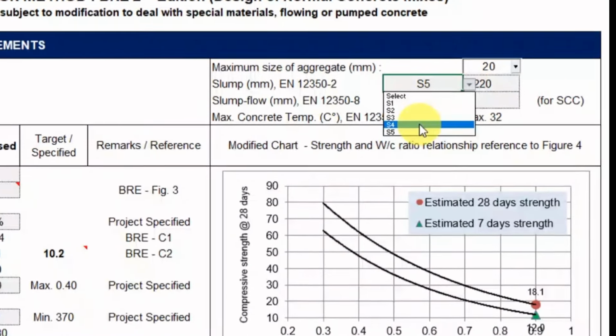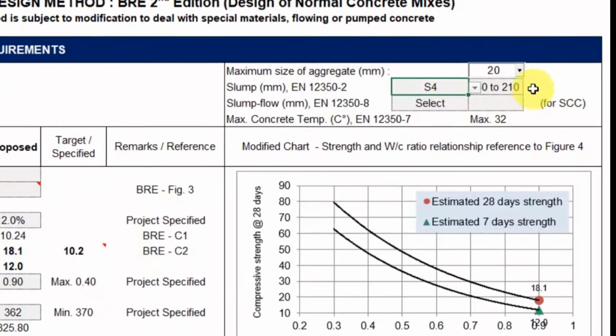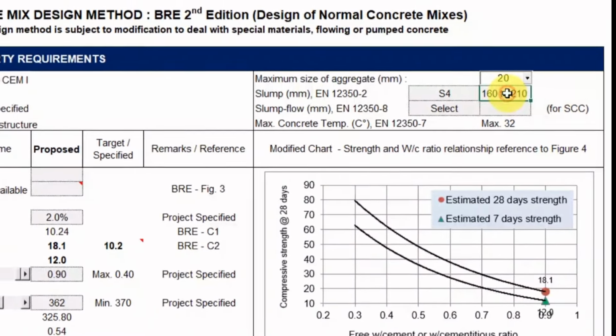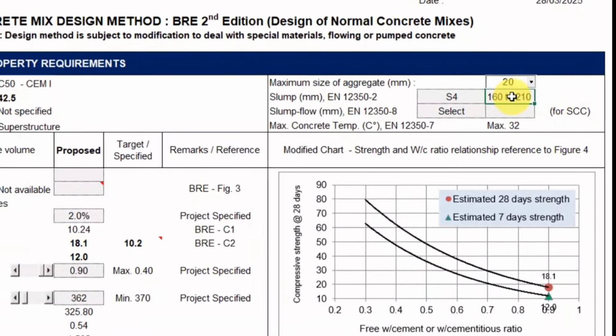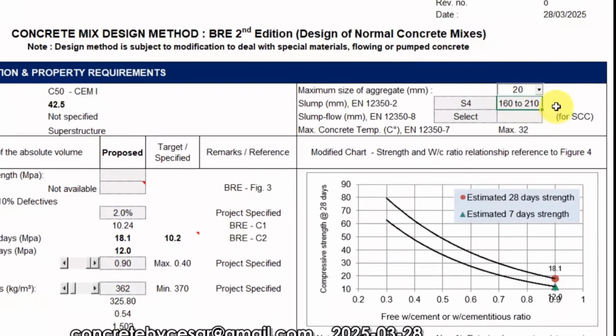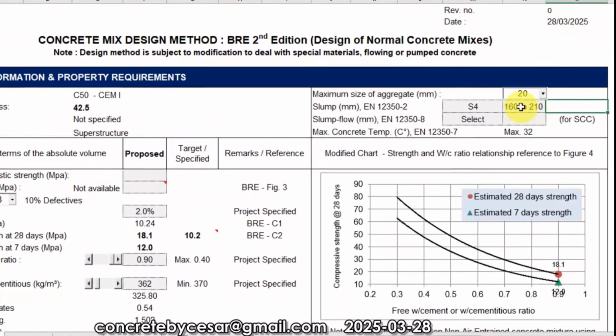So for this example I will be using S4, 160 to 200 mm, or you can simply type whatever your required or suggested slump is based on your project requirements.